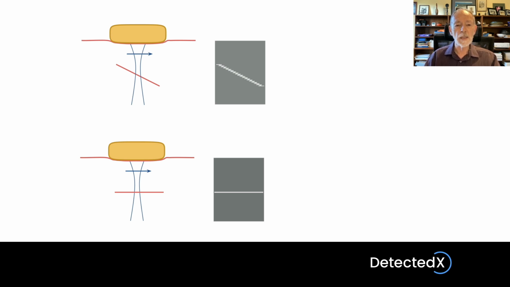And in that case, the smearing of the tissue lies on top of the image of the tissue, and therefore it's not apparent in the image. So while the smearing is still present, we don't see it, and it doesn't degrade image quality. So this is the one case where the lateral smearing of each point in the image does not degrade the quality of the image. Let's have a look at a clinical example.